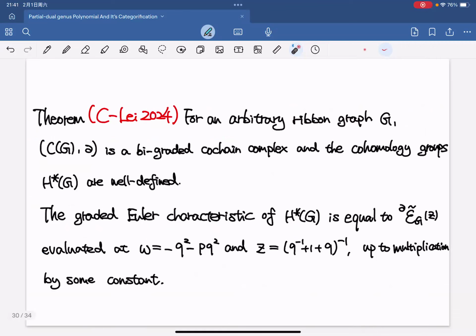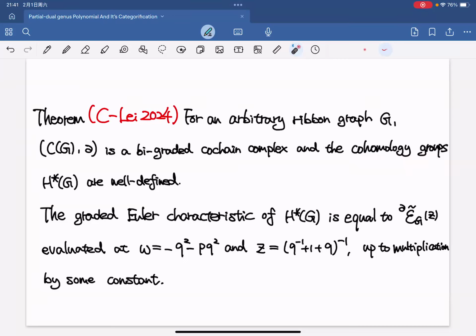Okay, so the main result of the first part is that for any ribbon graph, this quotient complex is well defined. I mean, you need to fix some choices, for example, the order of the edges and all these things, and different choices will give you the same cohomology. The quotient complex may not be the same, but the cohomology groups are well defined.